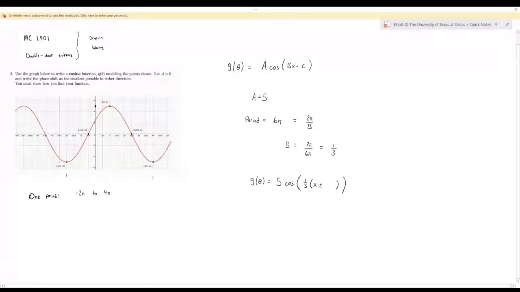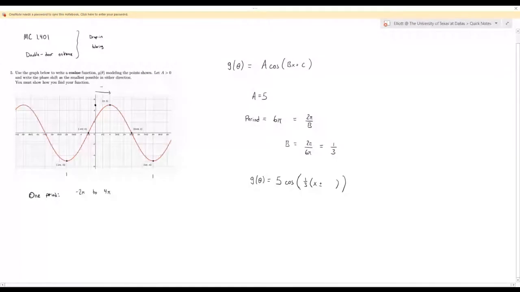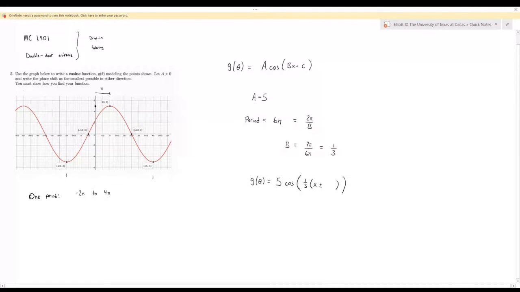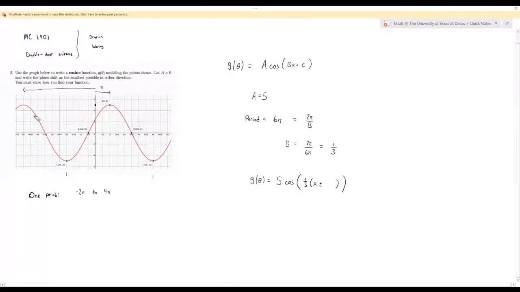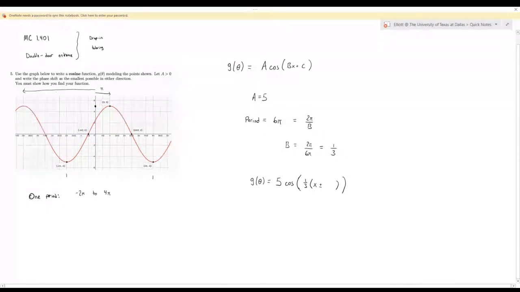So we could either shift it to the right by a total of pi, or we could shift it to the left all the way to here. That would be a total of shifting it to the left 5 pi units altogether.